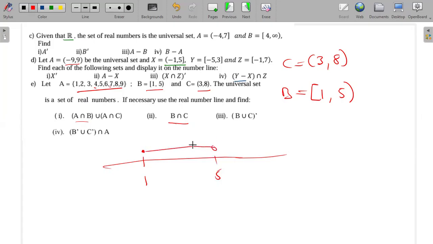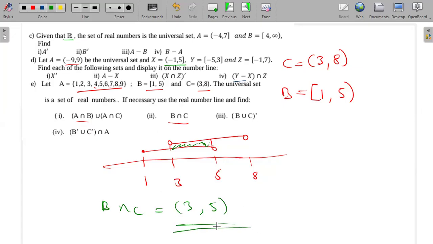So there, that's my B. And then my set C, 3, open here, all the way to 8. So this part here is where they are intersecting. Of course, not the endpoints, because it's open at the endpoint, it means they're not part of that set. So B intersect C is just going to be the set from 3 to 5, open on both sides. So this is what I get.